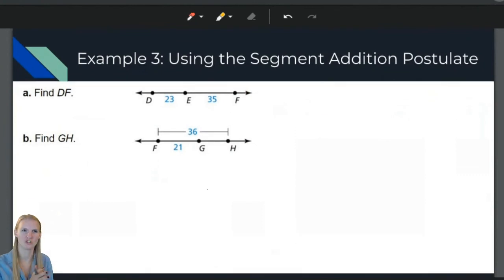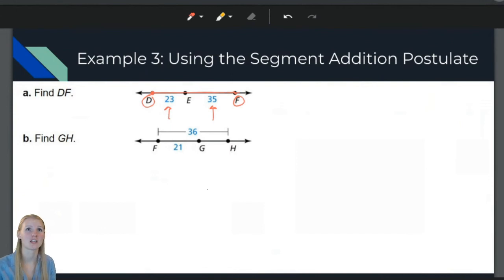So we're going to use the segment addition postulate. First problem asks us to find DF. I am going to draw on my diagram where DF is. Here's D, and here's F, so this is the segment I'm looking for. To find the whole segment, I know that this part is 23, and this part is 35.